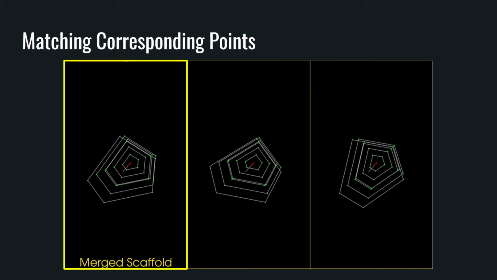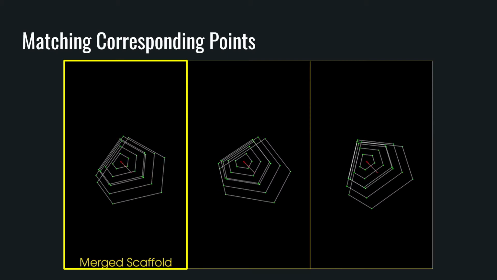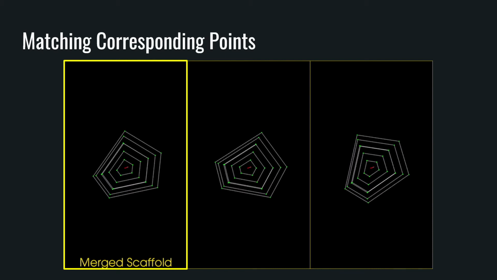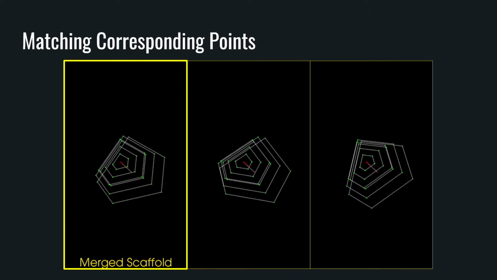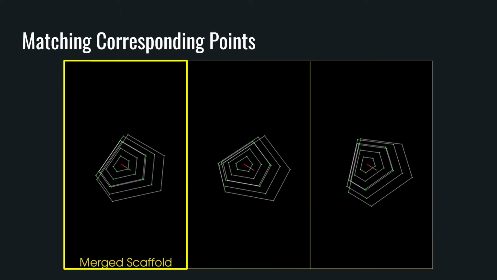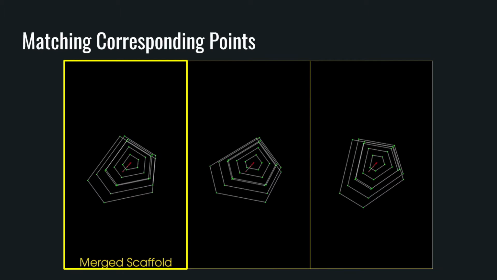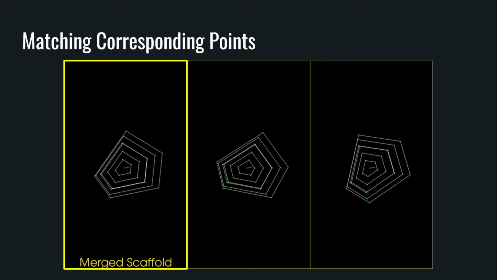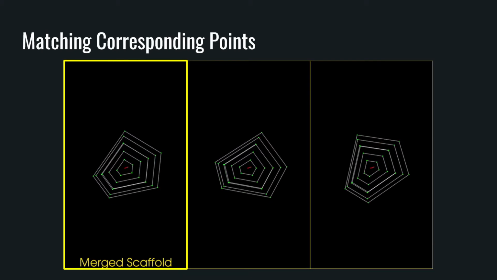Then we come across the technical challenge where we might have 2 scaffolds that look very similar to each other and functionally are the same shape, but they're rotated in different ways. So here our algorithm has to understand that these 2 shapes are very similar and decide which points need to be merged with each other, and it'll do that by comparing the angles of these shapes.